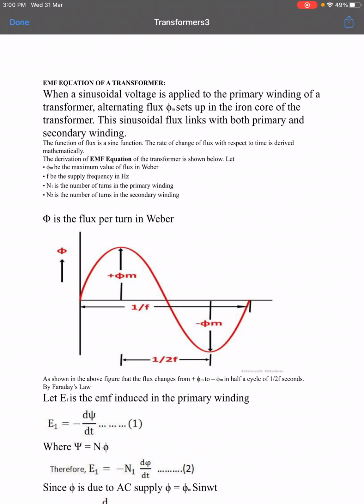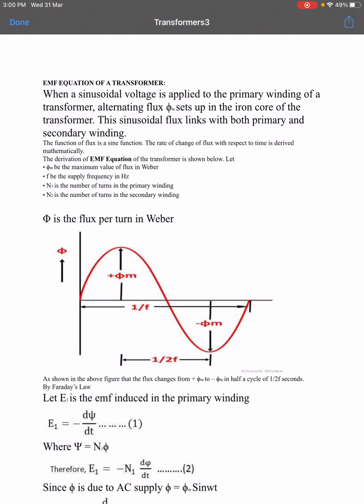When we apply a sinusoidal voltage to the primary winding of a transformer, a sinusoidal current will flow through the primary winding.